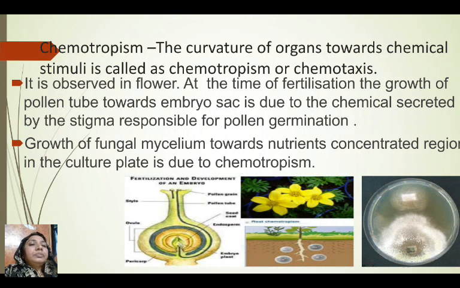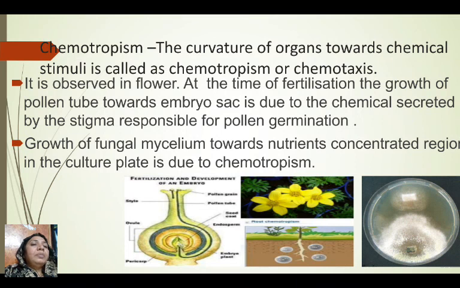After the pollen grains land on the surface of the stigma, it starts to produce a type of chemical, and because of the sensation of this chemical, the pollen grain starts germination and produces a pollen tube. This pollen tube passes through the stylar canal and reaches the embryo sac.